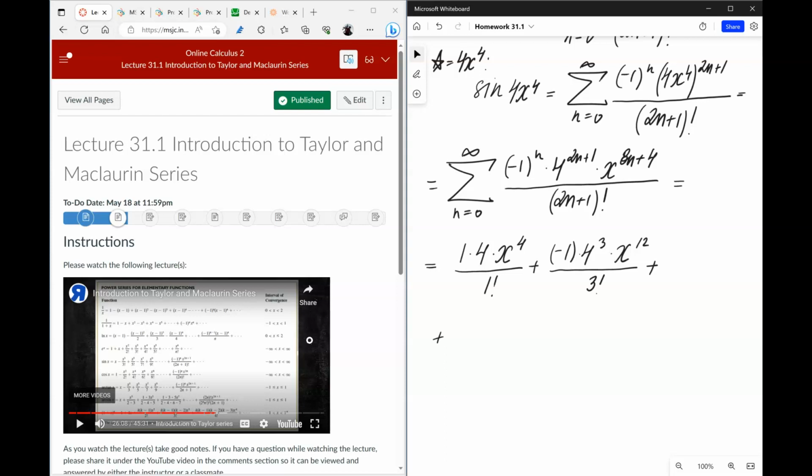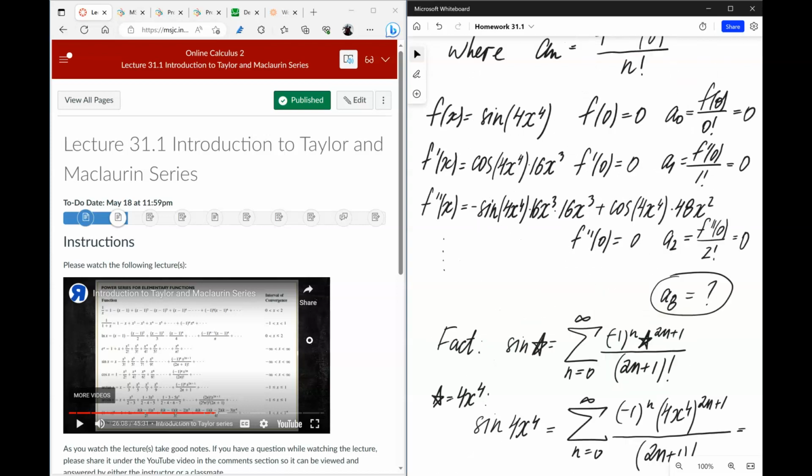When n is 2, we get again 1 times 4 to the power 5, x to the power 20 divided by 5 factorial, and the fourth term will be negative 1 times 4 to the power 7, x to the power 28 over 7 factorial, and so on.